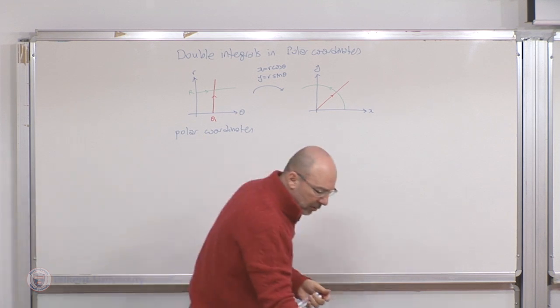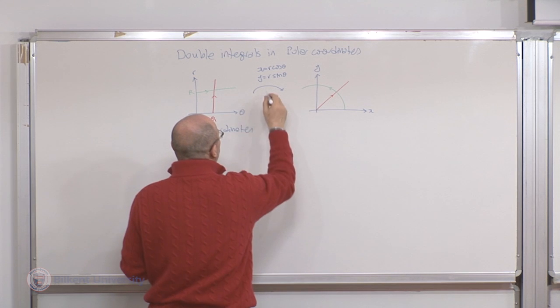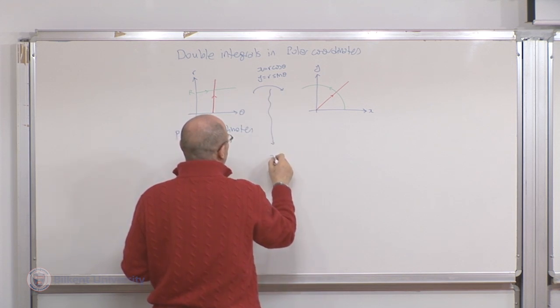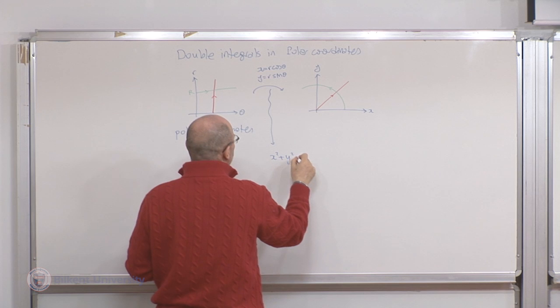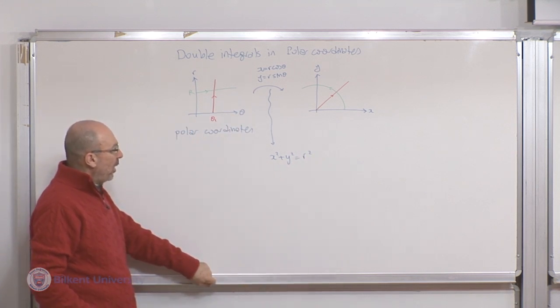We will change integrals to polar coordinates. From here, it follows that x squared plus y squared is equal to r squared. So this is the main thing that helps us in changing coordinates.